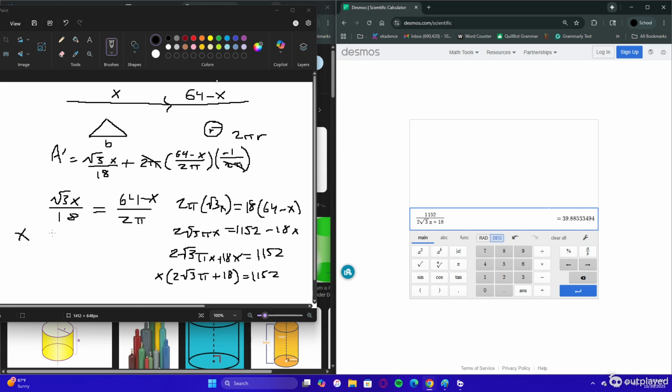So now our x equals 39.88853349. So now we have this value here.